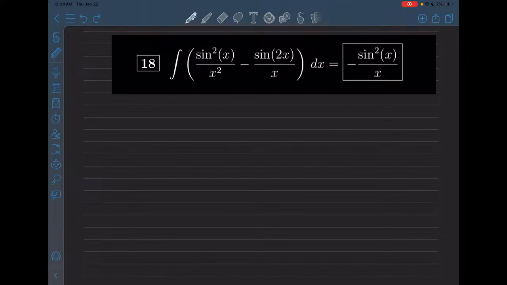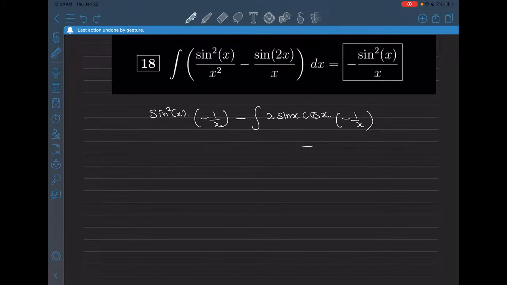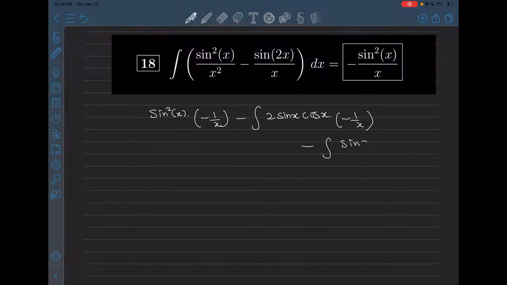Let's do it. So if I just integrate the first thing, first of all I will have sine square x as it is, and the integral of 1 by x square is minus 1 over x, right? Minus, and then derivative of sine square x is 2 sine x cos x. Integral of 1 over x square is, yes, by parts, so minus 1 over x, right? And the last integral, this expression will be as it is. So minus integral of sine 2x over x dx.